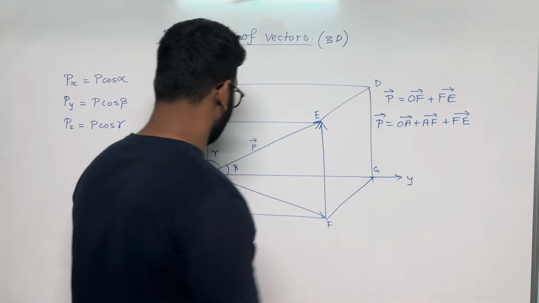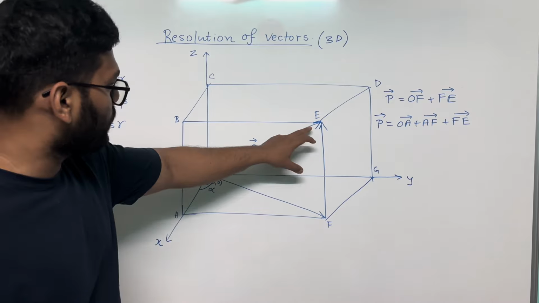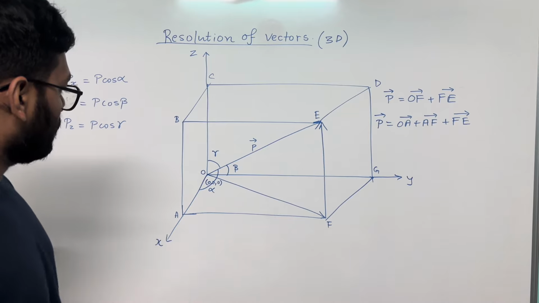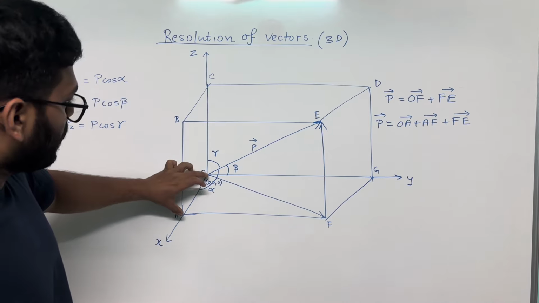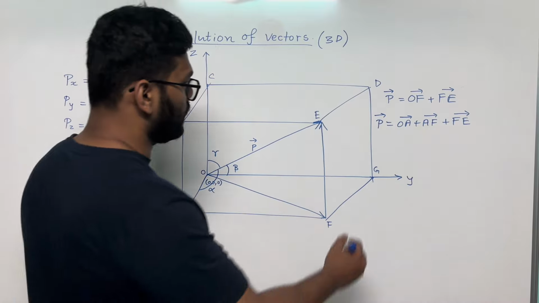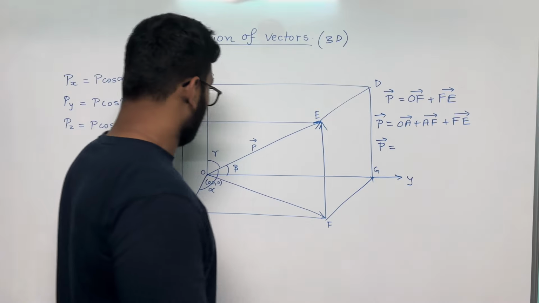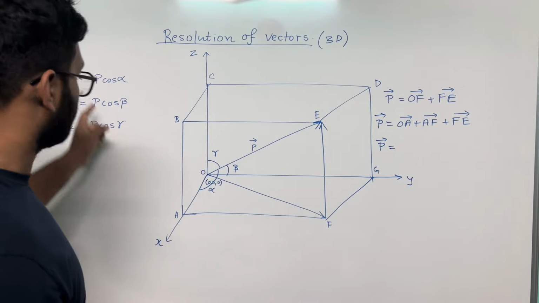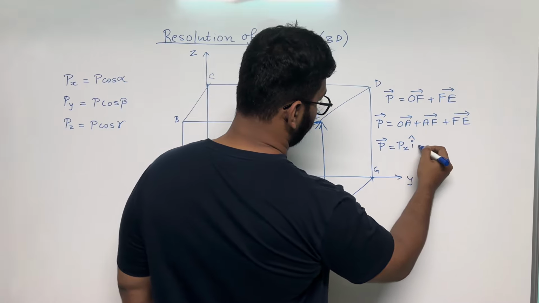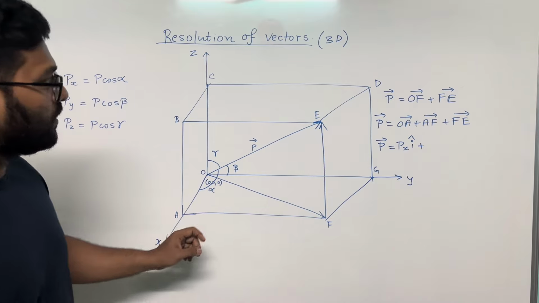Now what is OA bar vector? OA bar vector is nothing but the component of P along the x direction, which is P cos alpha. So this is the component along x direction. OA is going to be P cos alpha. So I can write P bar is equal to OA bar, which is P cos alpha, which is nothing but Px, and since it is in the i direction, I can write it as Px i cap, plus AF bar.